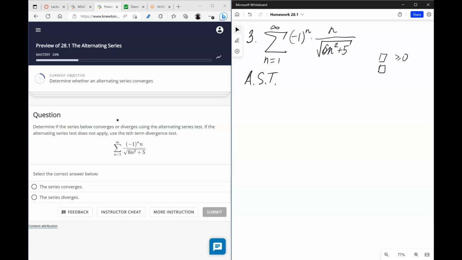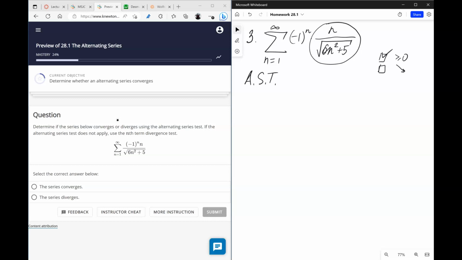First one, that what's left after you remove the alternating sign is positive, checked, and it's decreasing. This is where we may have some issues. It may not be decreasing, but we need that for convergence.